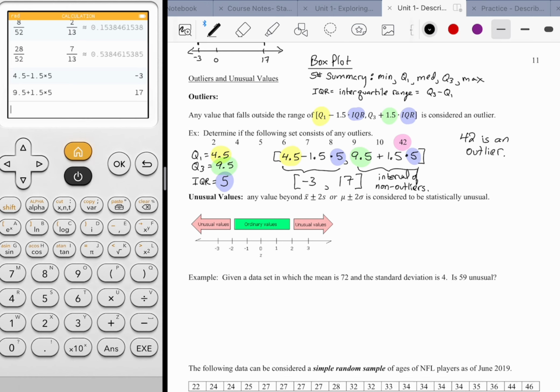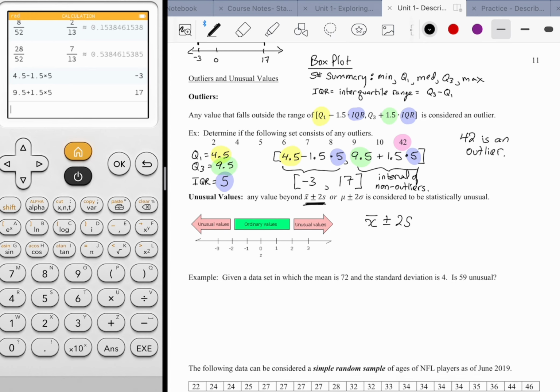So when you see a request or a question that's asking you to find any unusual values, you're going to follow this computation, x bar plus or minus 2s. You could ignore the one with the Greek letters, the mu plus or minus 2 sigma, because that's only for populations. We'll get to that in the second unit. But for now, I'm working with this computation.